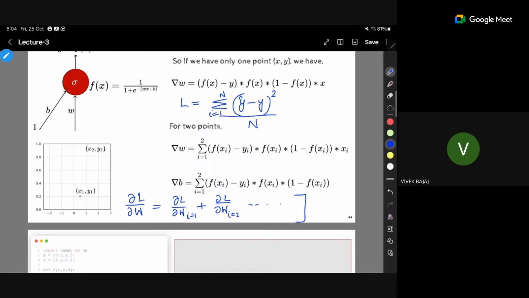Then you'll add them up, and of course division by n is there, because this loss function is like this. If you take the derivative of it, the summation is going to be there, right? So for every point, I have to take the loss, add it up, and divide by n, so take the average of that. Yes, so that's how the loss is, and that's why I'm taking the derivative like this also.